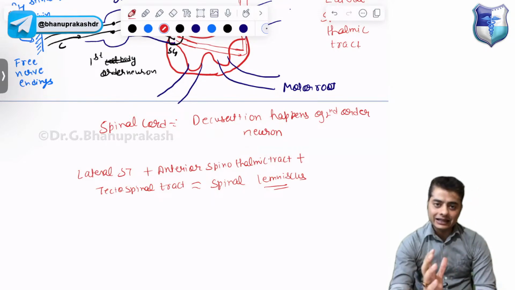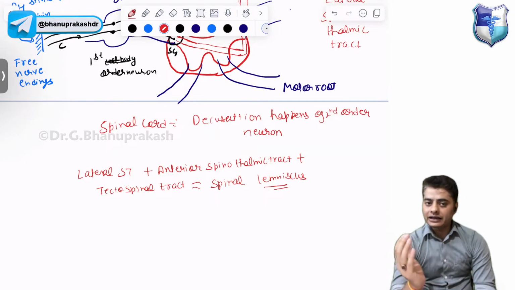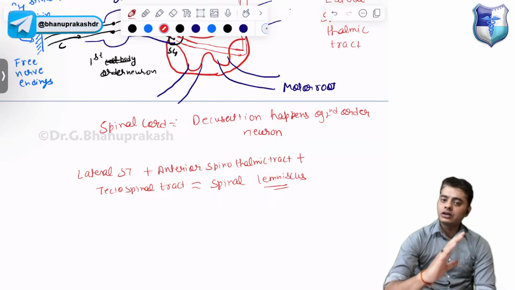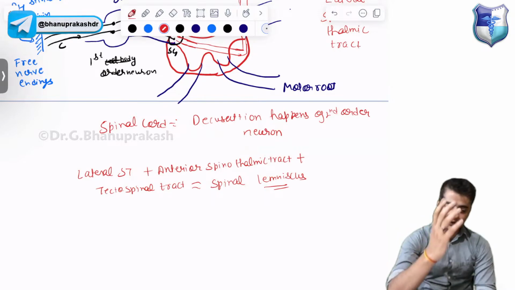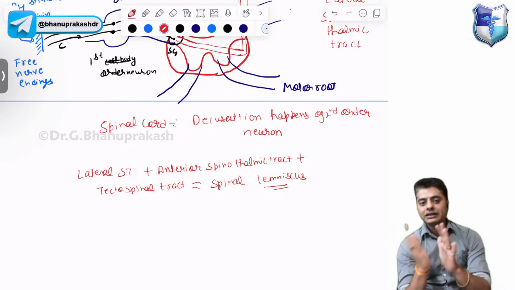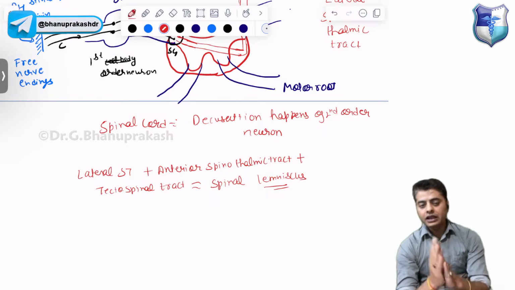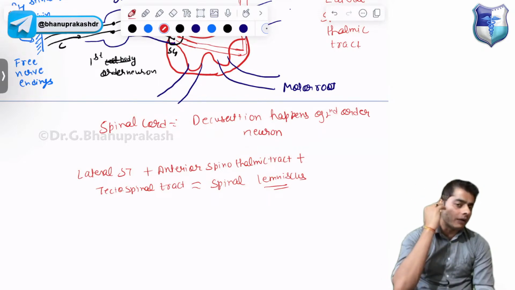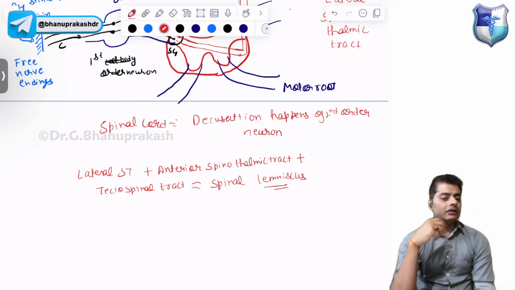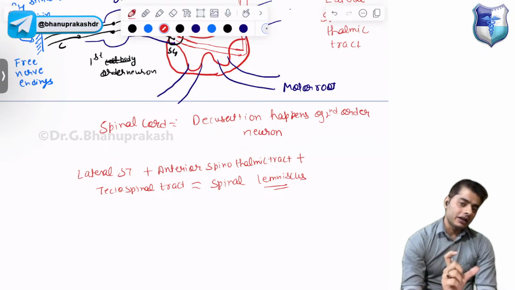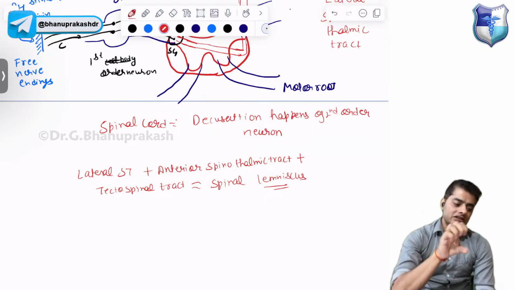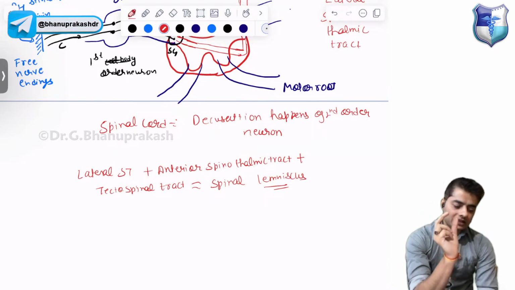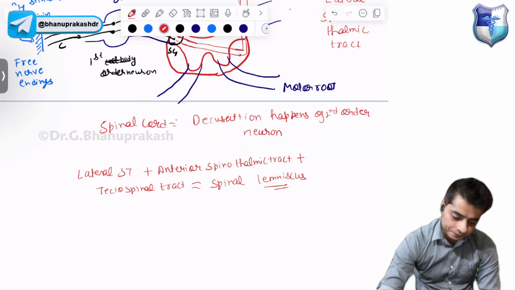They will decussate and go to the lateral side. They are going to thalamus. That's why they are known as spinothalamic tract, and they are in the lateral part, that's why lateral spinothalamic tract. They will go above and at the level of upper medulla, they will join with anterior spinothalamic tract and tectospinal tract. When they join with all these tracts, the special group is known as spinal lemniscus.